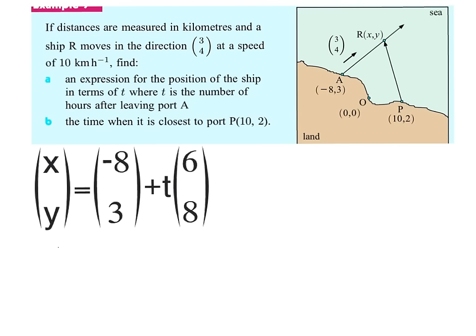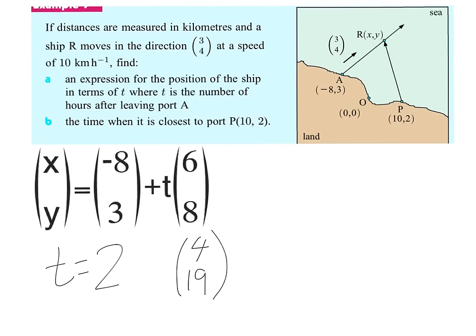So at time, say 2 hours after you leave, the vector to get from the origin to wherever the ship is at 2 hours after it leaves, well, there's no scale here, so it doesn't really matter where I'm drawing it. I would plug 2 into that equation, and I have negative 8 plus 12. Negative 8 plus 12 is a positive 4, and then 3 plus 16 is 19.